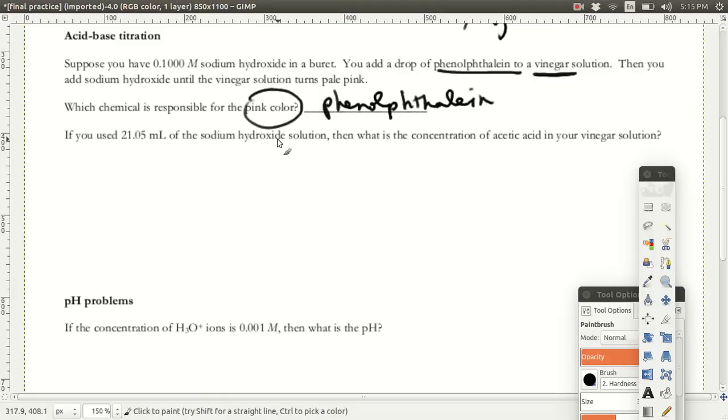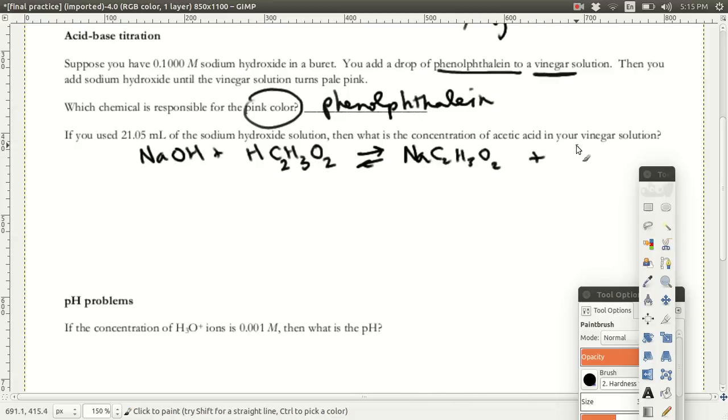What is it? Okay, so remember, the chemical equation is this. Okay, so this is the chemical equation.